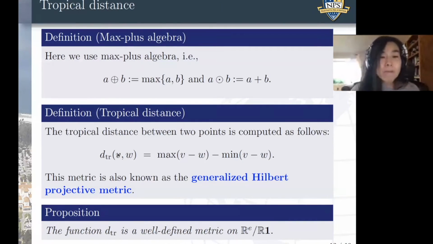For example, v equal to 0 and w equal to, let's say, (1, 1, 1, 1, 1). Then I take the difference, and the max of the difference is equal to the min of the difference, so that's going to be equal to 0. So in order to make this a metric, basically we take the mod. This is why we focus on the tropical projective torus. But that's just a small detail.